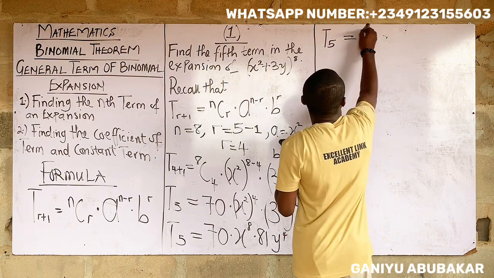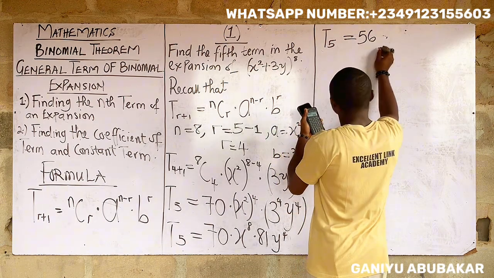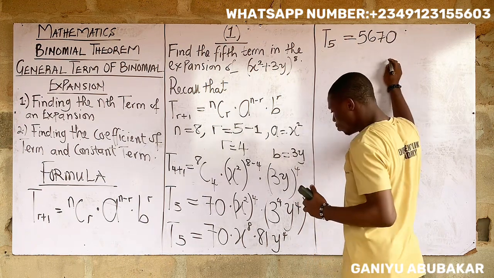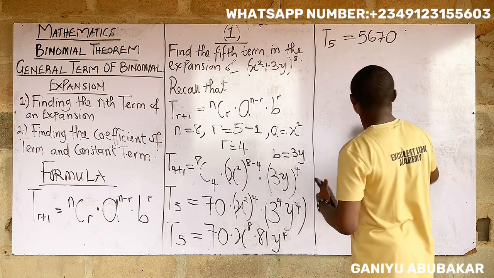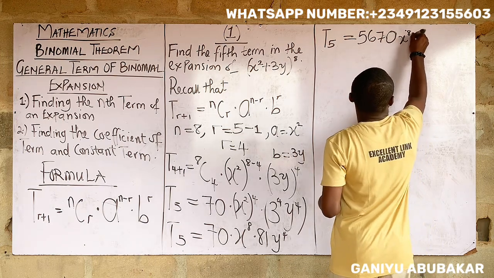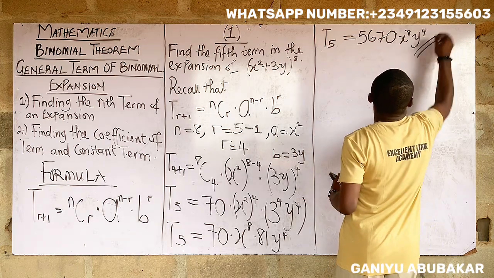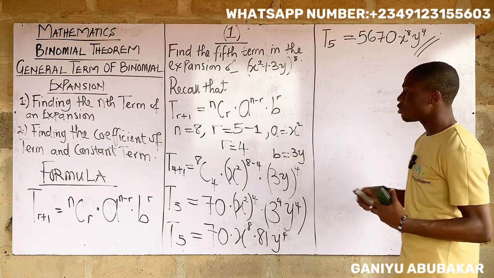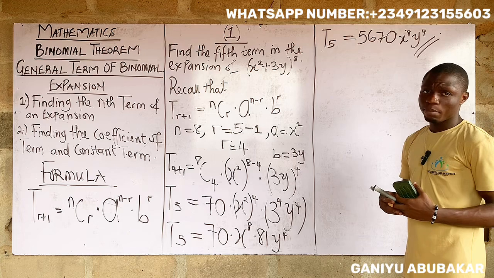I'll have 5670, then x to the power 8 y to the power 4. This becomes the fifth term of this expansion. This becomes how to solve this particular problem.